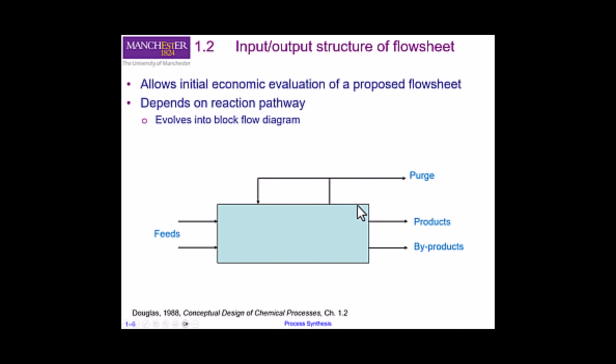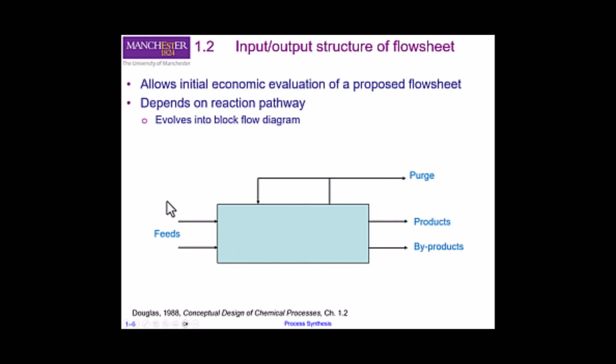But here we are now considering it with rigid boundaries. Okay, and then we again look at our product. And in addition to our reactants and products and reaction pathway, we also start thinking about recycling of the material and removing some unreacted material and impurities. Okay, so as I said, it's an extra layer of information on top of our process concept.